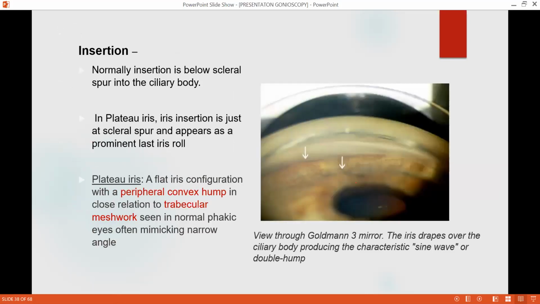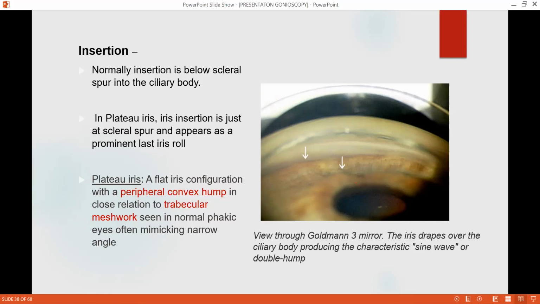Insertion of the iris is important because normally it is inserted on the ciliary body band, but in case of plateau iris, the iris insertion is just at the scleral spur, and therefore you can see a flat, prominent iris roll as shown in this clinical photograph. The first arrow, which is near the pupillary margin, indicates the first convexity, and the second convexity is seen as the iris drapes over the ciliary body.